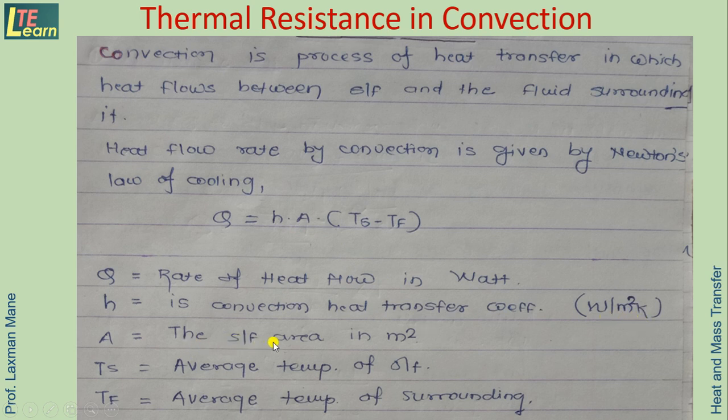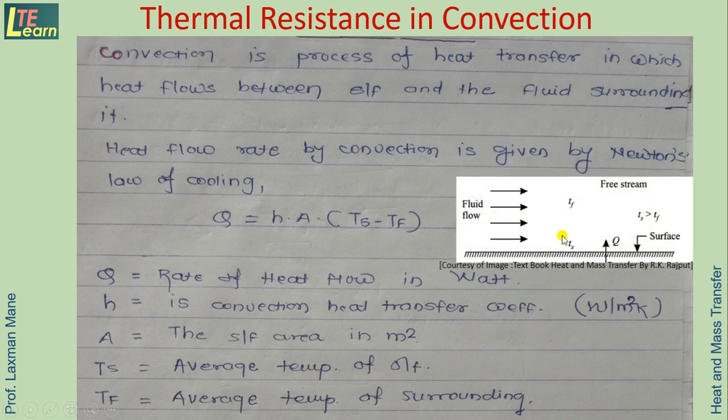A is the surface area in meter square along which the fluid is flowing. Ts is the average temperature of the surface and Tf is the average temperature of the surrounding fluid.